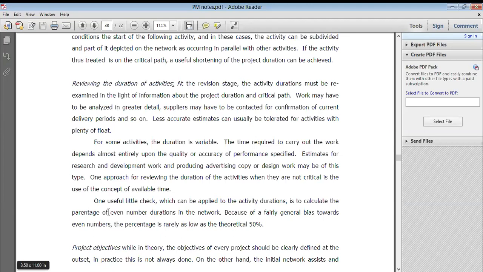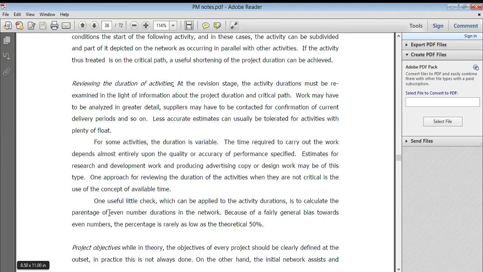Okay, so for example, suppose you use dummy materials, right? Then your project may get spoiled even before it is built, you will not get the cost you decided for the project because you used very dull material. Okay, so estimates for research and development work, producing advertising copy or design work may be of these types, right?